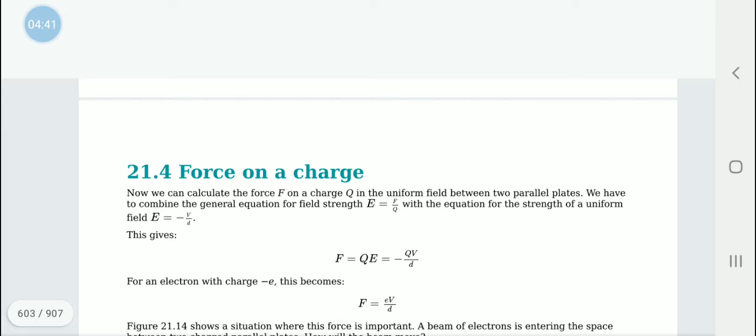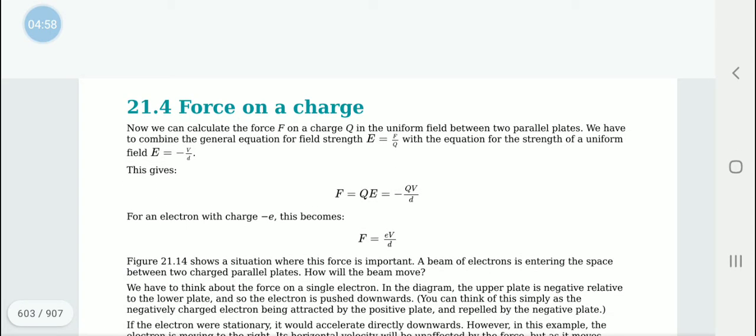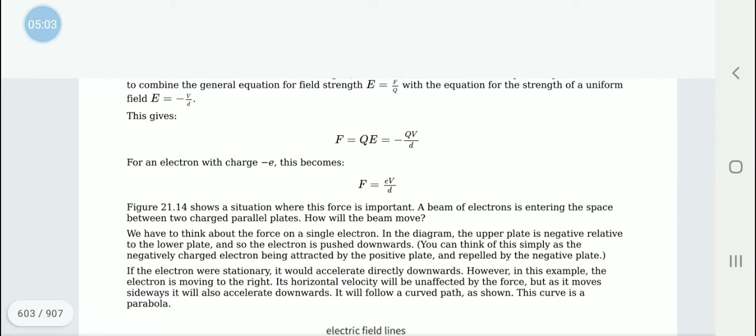Within brackets, E equals F upon Q and E equals negative V upon D. This gives us F equals QE equals negative QV upon D.